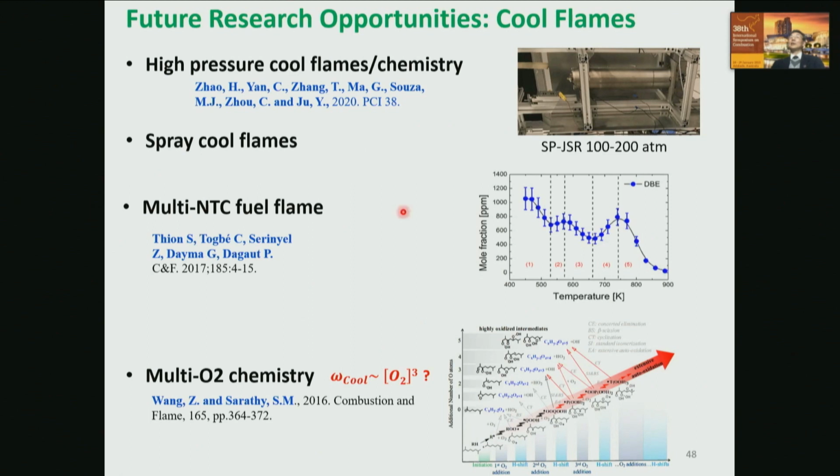And also, as Katarina presented on Monday in her plenary talk, you have multiple NTC regions. How are these multiple NTC regions going to affect the transition from cool flames to warm flames and from warm flames to hot flames?